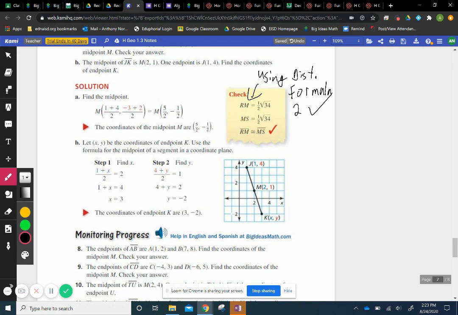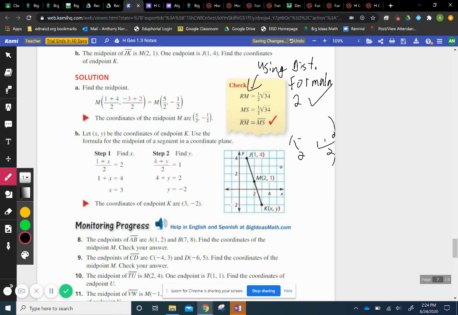Okay, so part B: let x and y be coordinates of endpoint K. This is K. Use the formula for midpoint: x1 plus x2 over 2, comma, y1 plus y2 over 2, in parentheses. That's the formula we're using.